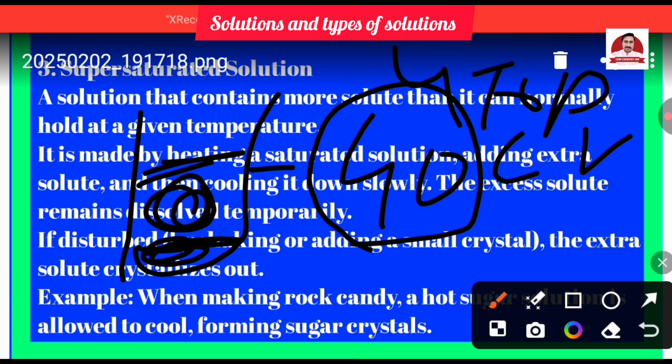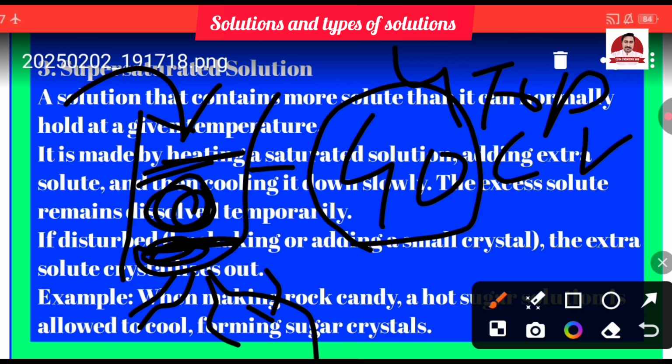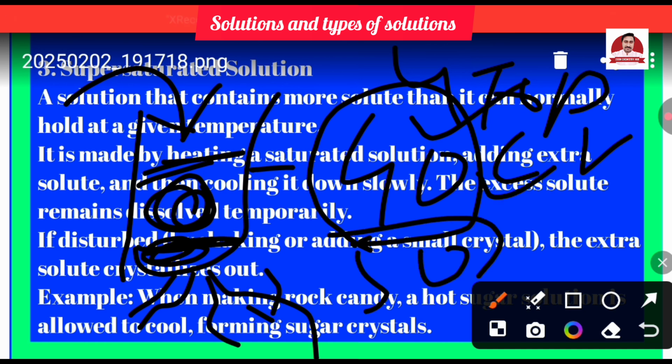Now when we heat this solution, it has the ability to dissolve a further amount of solute, so we add more solute by increasing the temperature from 40 to 50 or something above 40 degrees centigrade.